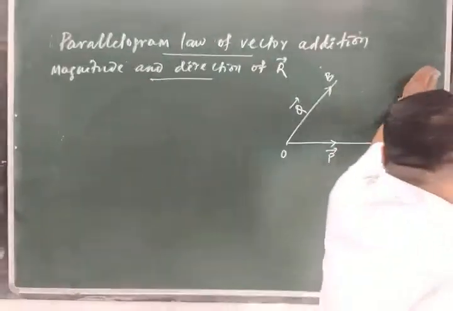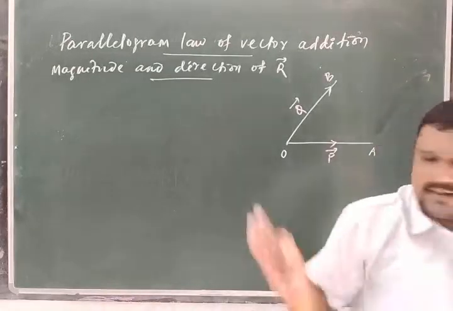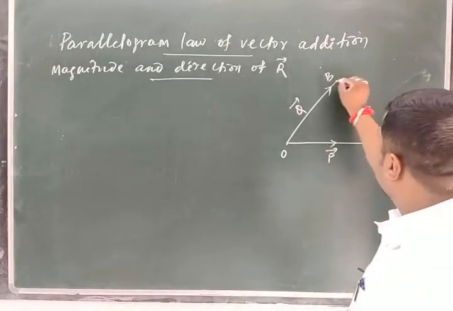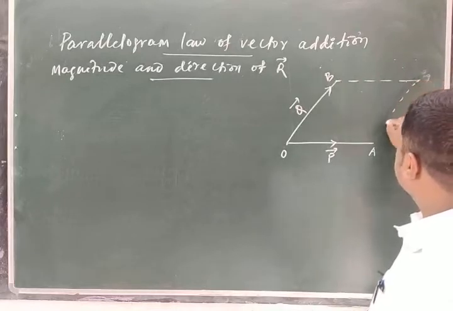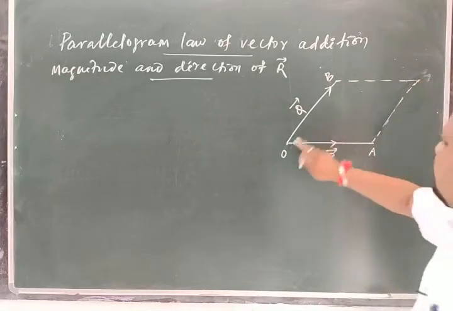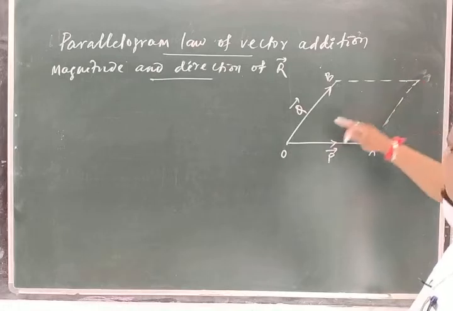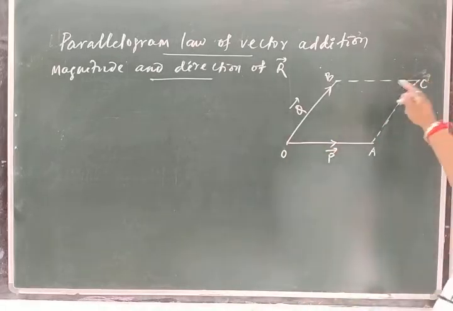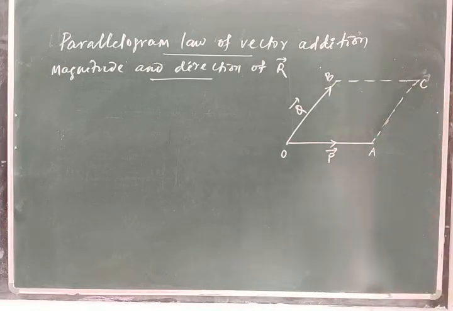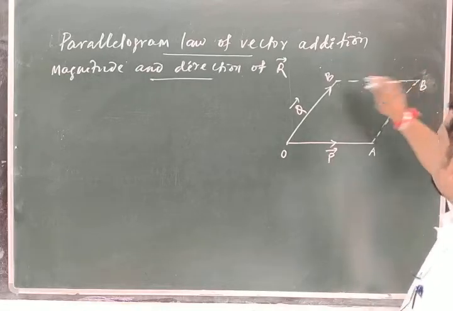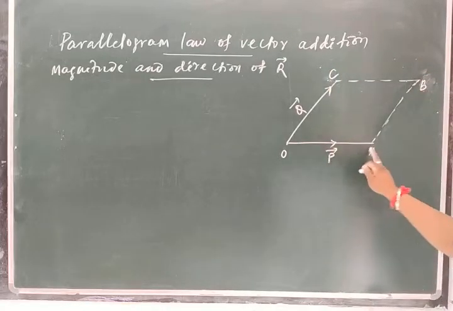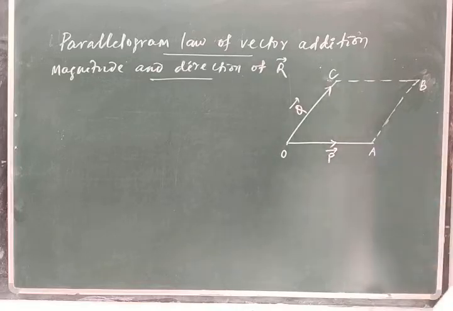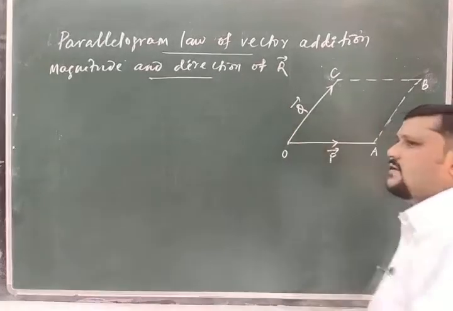Now let me first complete the parallelogram. What the figure I have shown you, let me complete this parallelogram like this. Isn't it? OB is parallel to this, and give naming like this, OAB, and let this be C. So OABC is a parallelogram. Clear? So OA and OC are the two vectors P and Q represented by the two adjacent sides of the parallelogram.